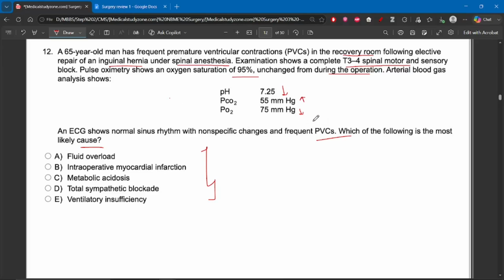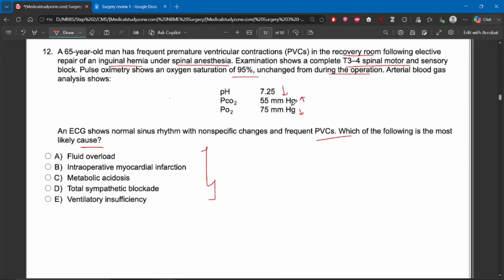So always, when you're approached with this kind of question where you have labs, just try to dissect the labs first. Scan the labs quickly and see if there is any problem. We have these labs right here, and I've already denoted that the pH is low. The pH should be between 7.35 and 7.45.